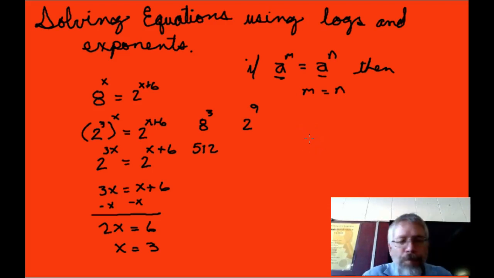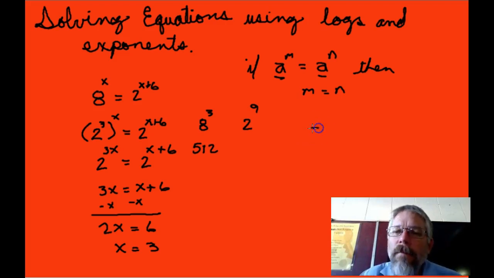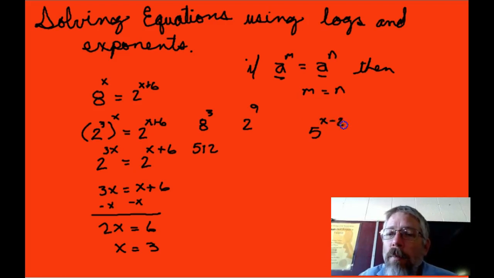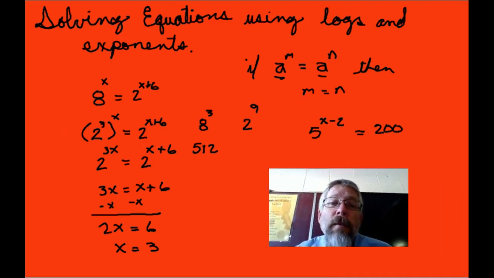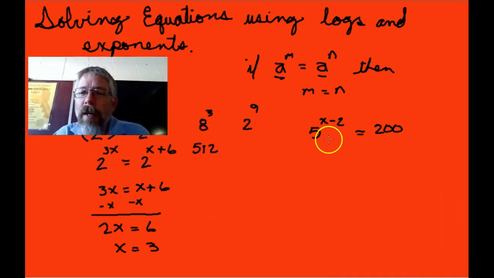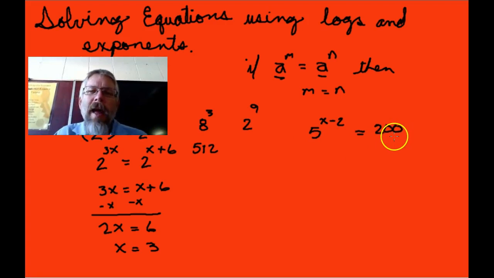So I'm going to look at this problem. 5 to the x minus 2 power is equal to 200. Now, get my face out of the way here, put it over here. So if I have 5 to the x minus 2 power, well, 5 is a prime number. That would be the base. I don't have any way to write 200 as a base of 5.